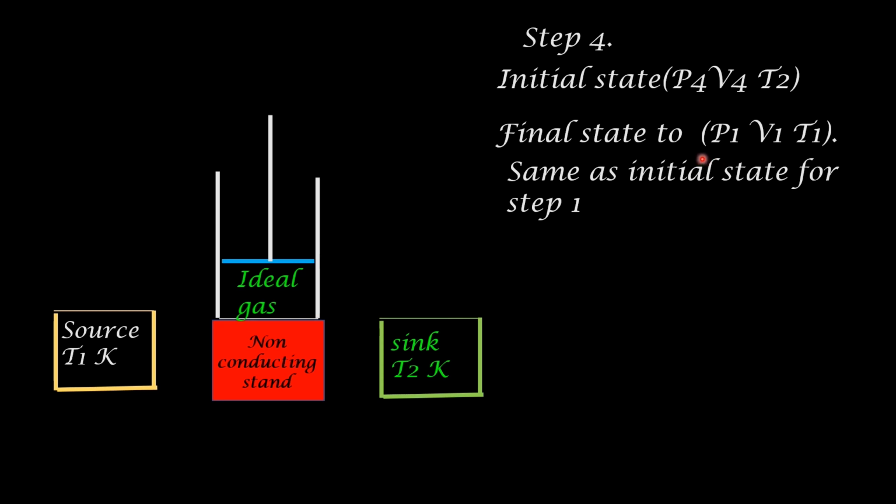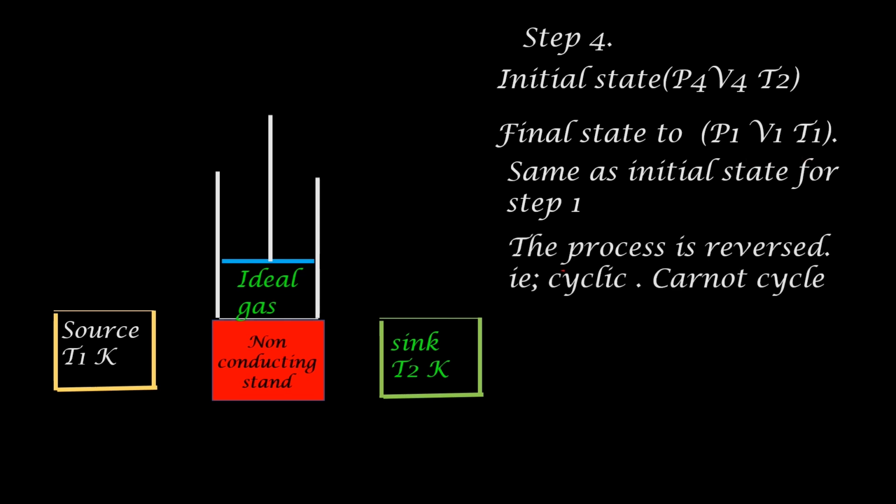I hope you remember when the cycle started, the initial state was P1, V1, T1. You will notice that in step 4, all the state variables, that is P4, V4, T2, have changed to P1, V1, T1. So the whole process has reversed.